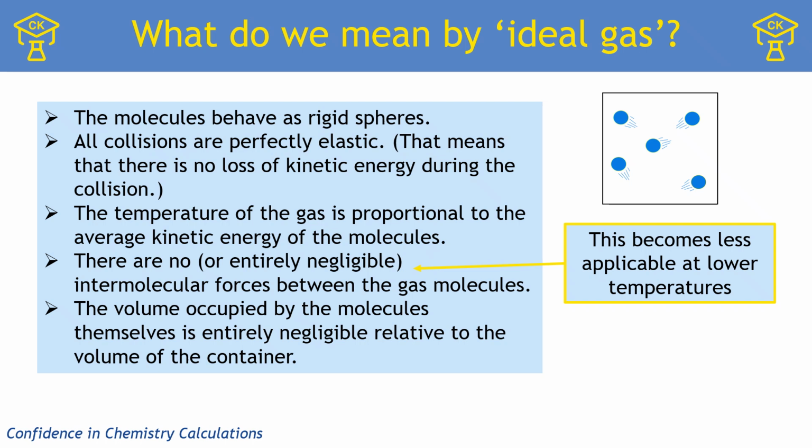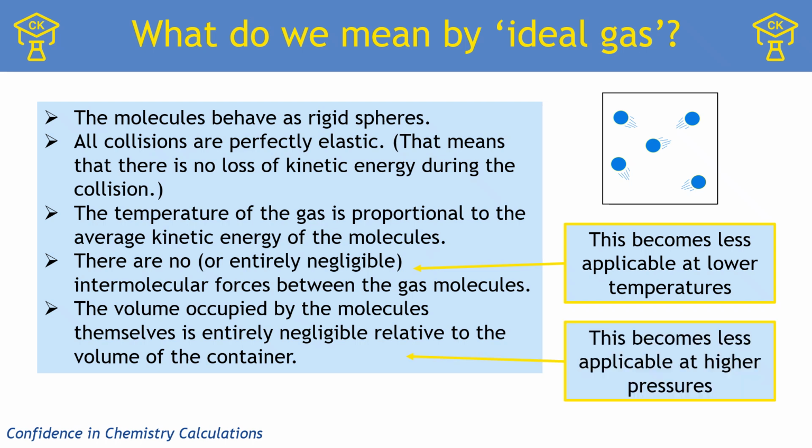This also becomes really not applicable when a gas is near its boiling point. So when it's near its boiling point, it's near to condensing back into a liquid, which means the attractions between the molecules are quite significant. So the most ideal gases are the ones with the lowest boiling points.